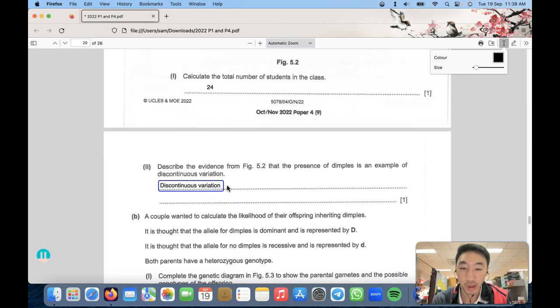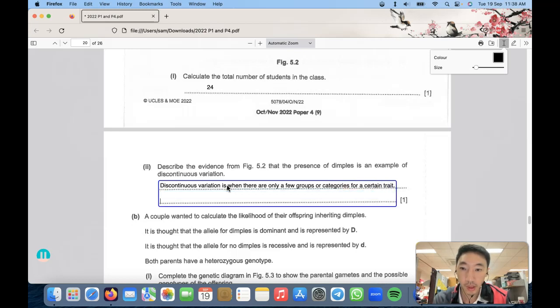Discontinuous variation is when there are only a few groups or categories for a certain trait. Okay, as seen in figure 5.2, there are only 2 groups, either with dimples or without dimples.